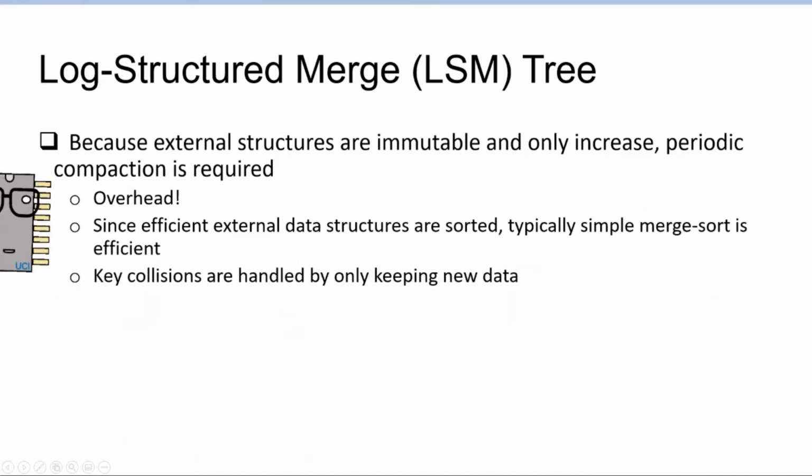Anyways, because these external structures that are flushed to storage are immutable and their numbers and sizes only ever increase, you have to do periodic compaction. When the data structure is not too busy, you have to choose some of the older in-storage files and merge them together.